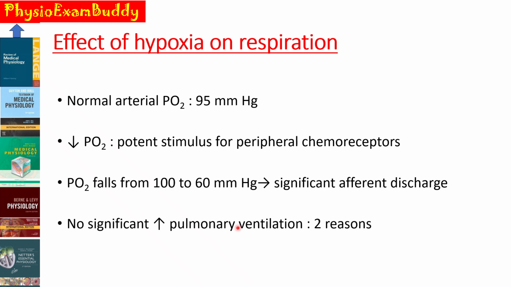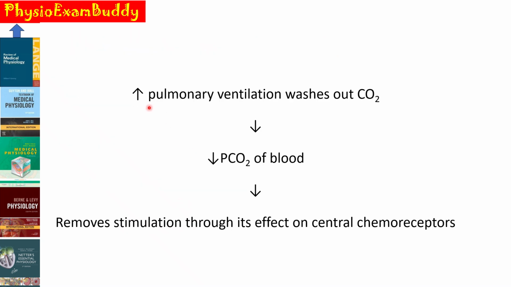First reason is that this increased ventilation stimulated by the hypoxia will wash out our carbon dioxide. So what happens when the carbon dioxide is washed out? The partial pressure of carbon dioxide will decrease, and this will remove the stimulation of respiration through its effect on the central chemoreceptors.